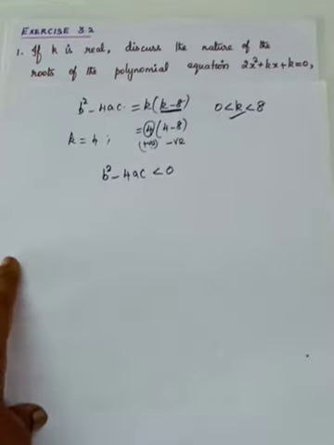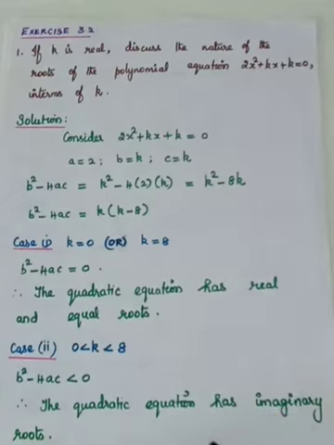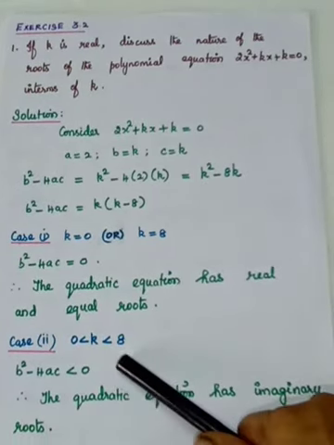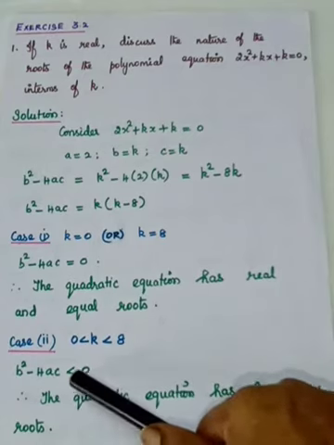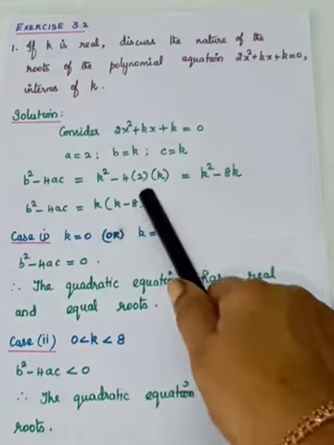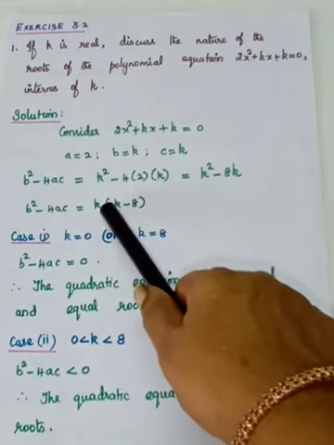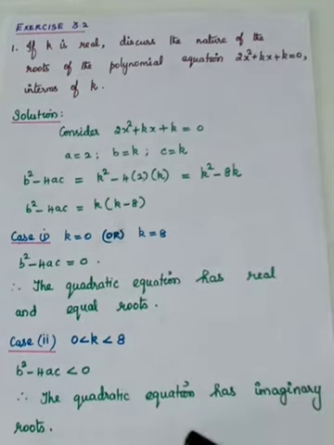If the discriminant is less than 0, the roots are imaginary. So therefore for 0 less than k less than 8, your b squared minus 4ac is less than 0 because this factor k minus 8 is negative. So the quadratic equation has imaginary roots.